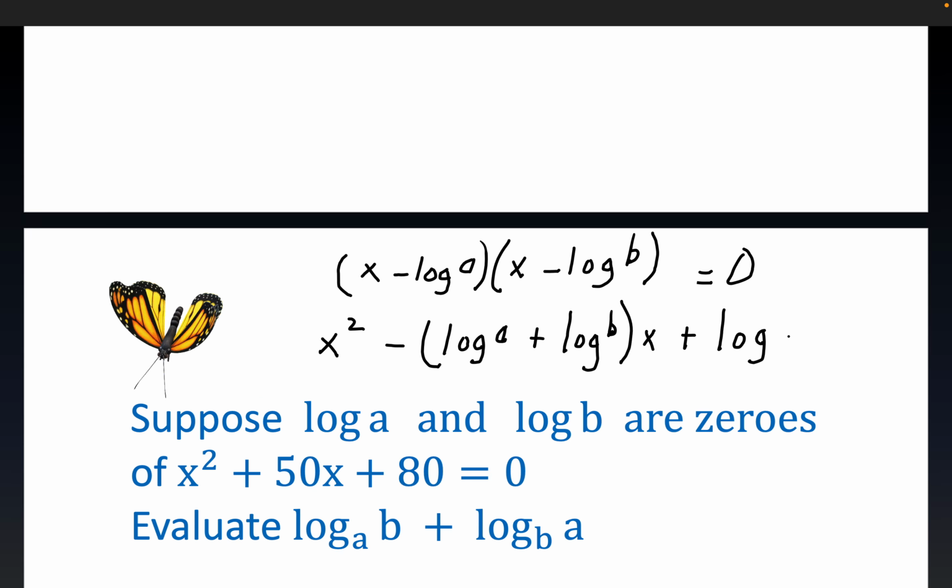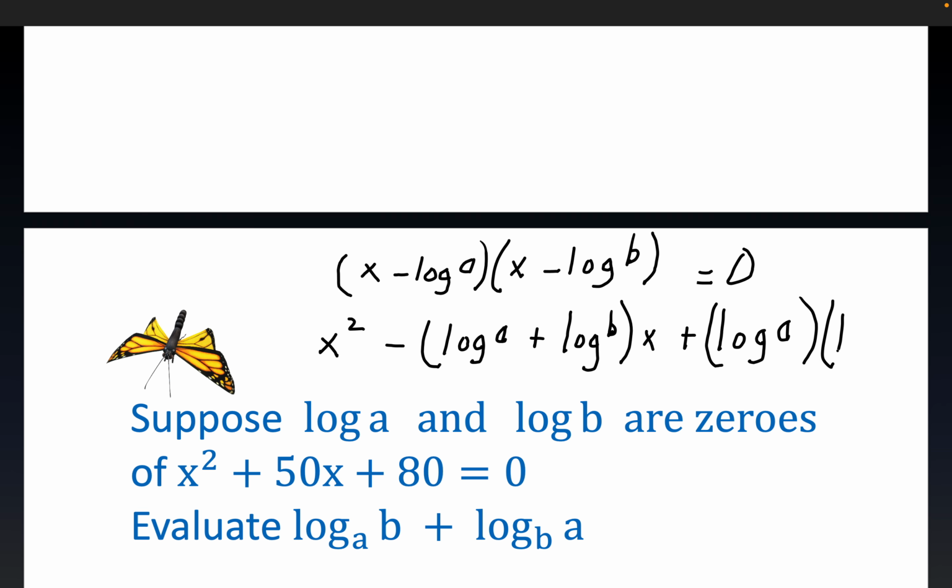Log base 10 of a, and I maybe should write it parenthetically, times log base 10 of b. A lot of the competitors just have this memorized, but this is why Vieta's is true.